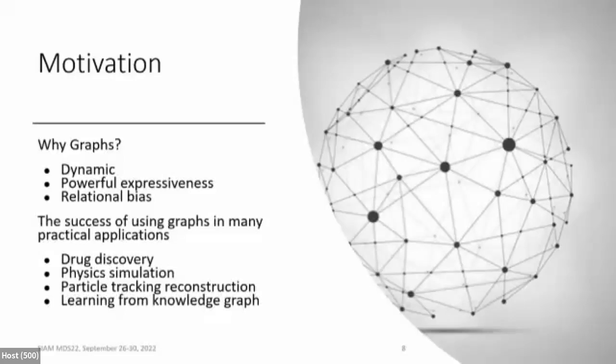This graph representation is dynamic, has a powerful expressiveness, and captures the relationship between the objects. There are many successful applications where graph neural networks have already been applied, like drug discovery, physics simulations, particle tracking reconstruction from high energy physics, and learning from a knowledge graph such as one built on the data from Wikipedia.